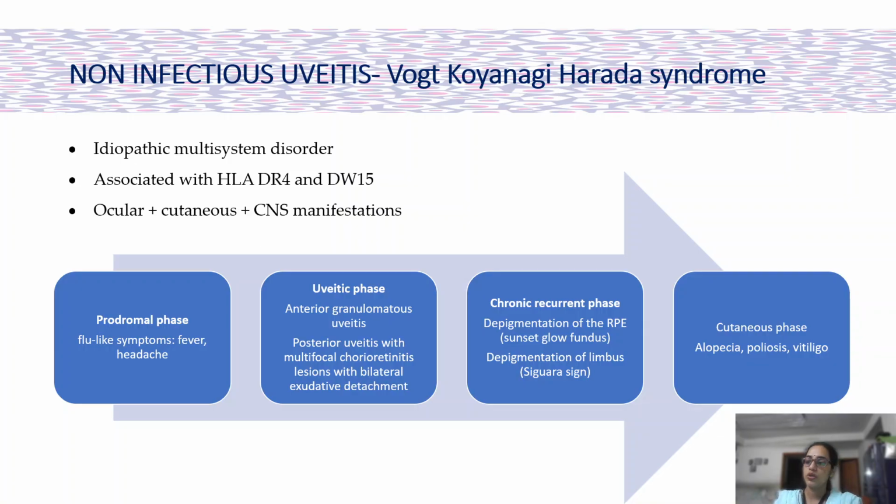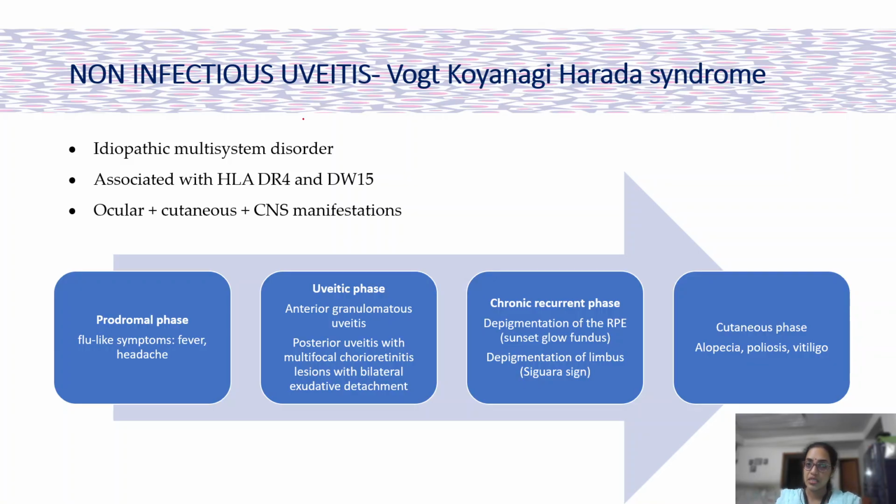Okay, let's move on to an important cause of bilateral non-infectious uveitis, that is VKH syndrome. One might wonder that it is a syndrome or a disease of the Japanese or the Europeans or the Middle East and all that, but it is certainly very common in India, and we see patients with VKH very frequently in our clinics as well.